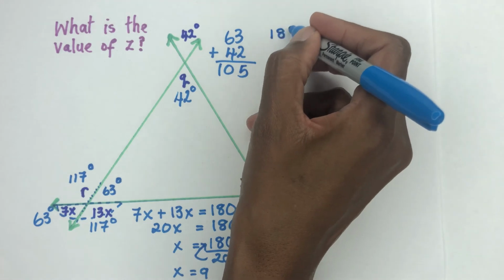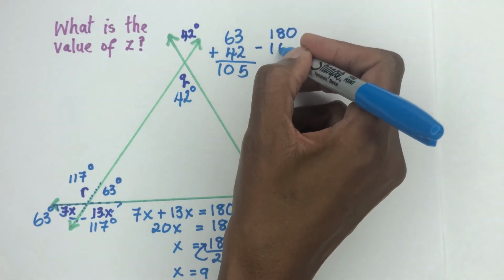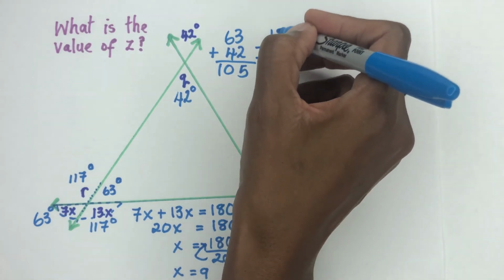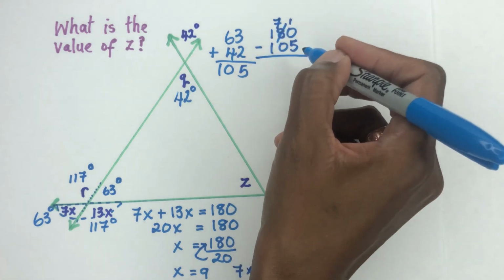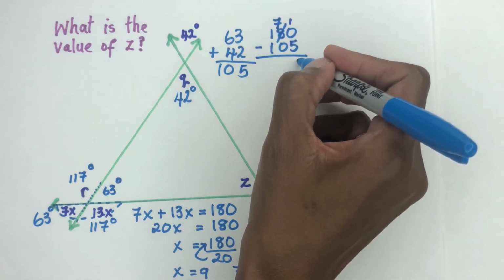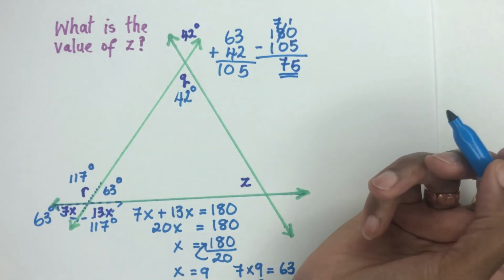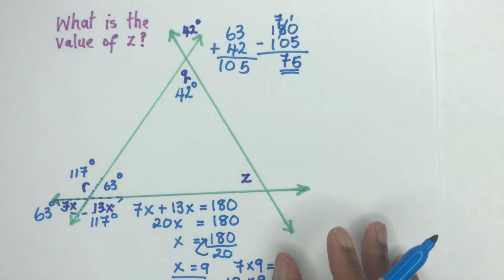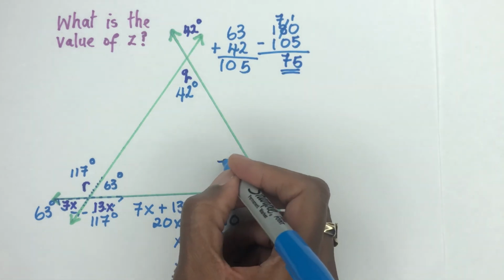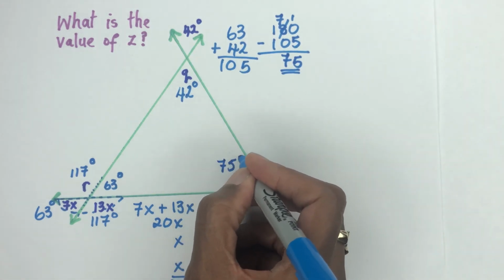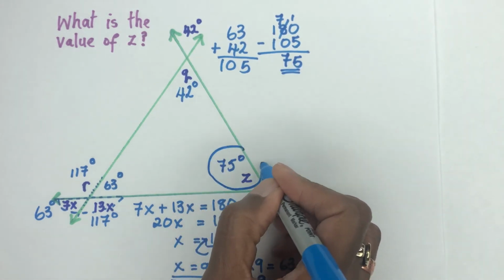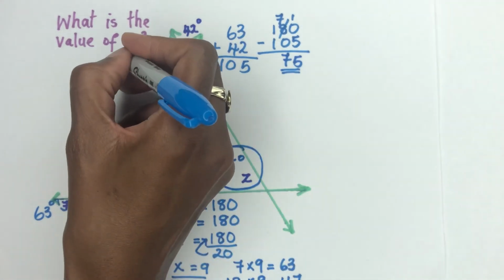So we have 180 here minus this 105. All right, and then by the time we do all our calculations and borrowing and stuff, this becomes 75. So now we know that this angle Z is 75 degrees. Let's put it up here.